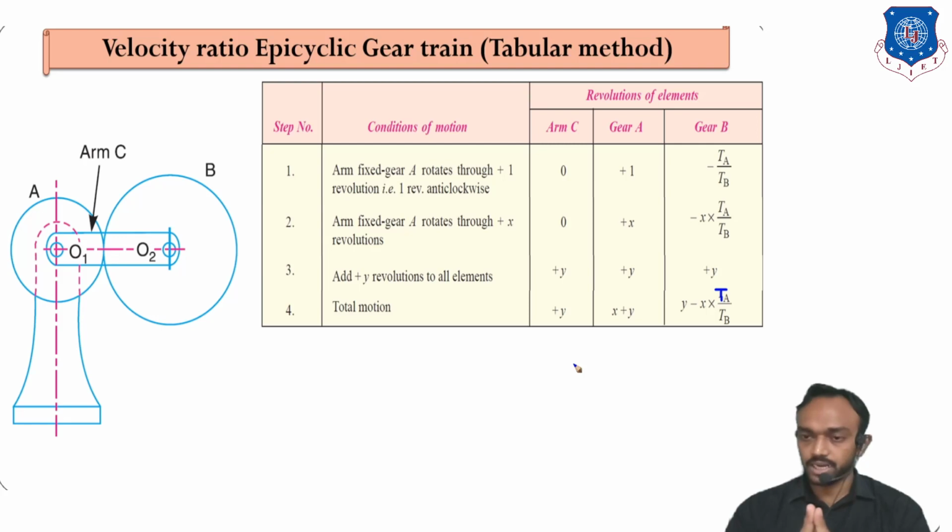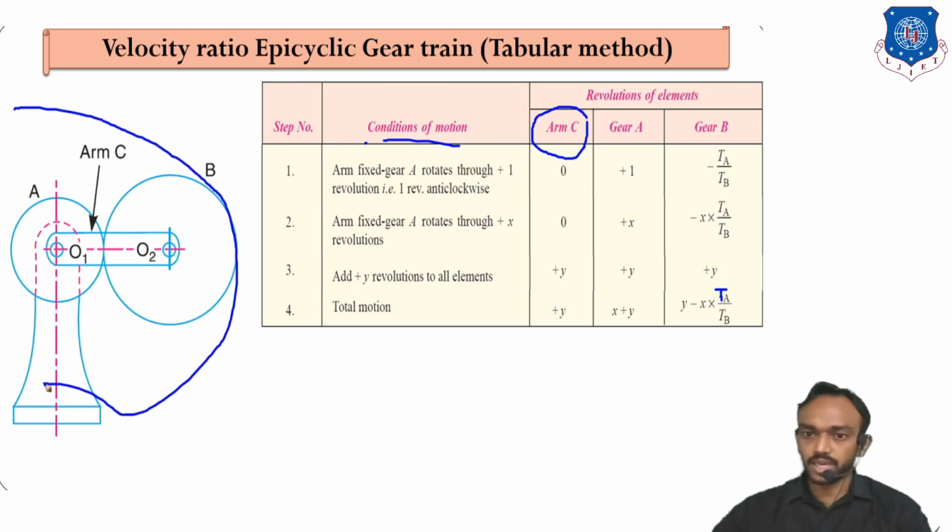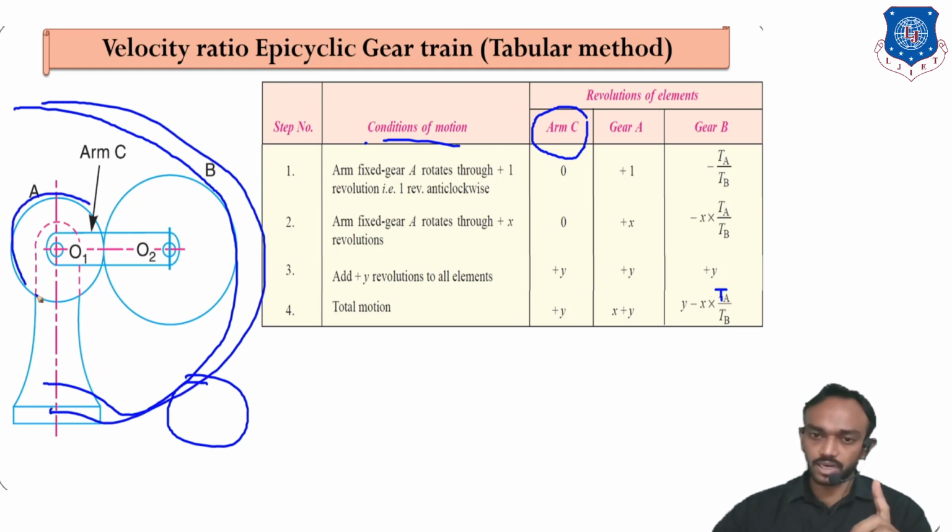So this is the method for the tabular, for the table of epicyclic. I will repeat it again, and I am going to show you how this table will be useful. In the second column there is a condition, and after that always write the arm, and after that, in this system maybe other gears will be there. Among them consider one gear, maybe the outermost gear or a center wheel, any one of them, take it as the main gear and write it here.